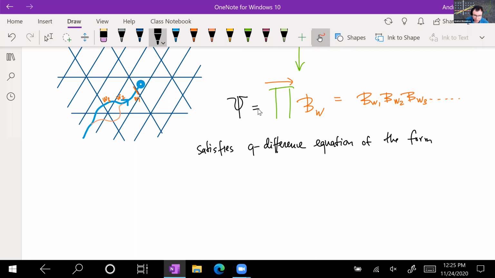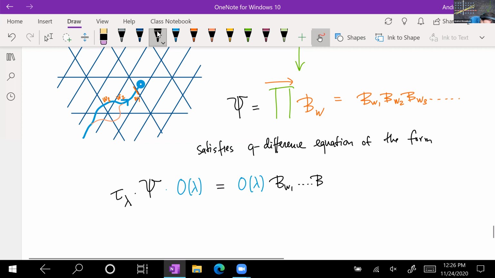Now I have to look at my notes, because I believe I wrote down the equation correctly. I believe that if you take this action of tau lambda on psi, what you're going to get is your operator of lambda times a finite product of BW1 and so on, times psi.